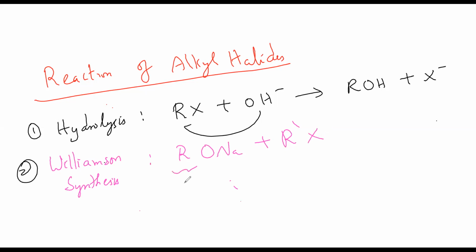So if this is CH3, this can be CH2, C2H5. That's the only difference, which means both the alkyl groups are different. So what will happen here? R and R dash will join, and NaX. Even if I don't write NaX, that's not a problem. Here R dash is the important thing. I told you, the major product is what we write in the examination. That's all.